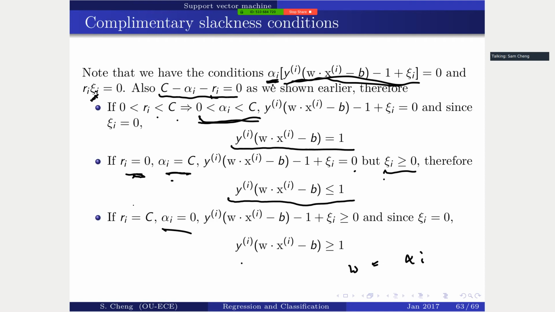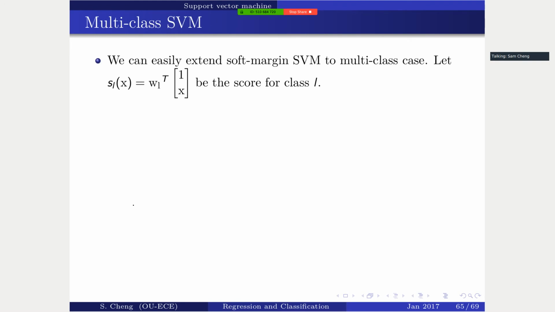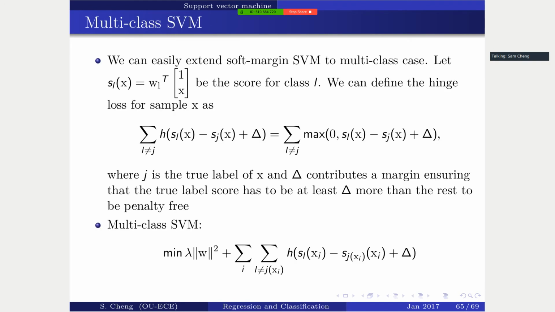And finally, I guess I'll just give a very quick overview for multiclass. This one, I won't go into detail, but you can do it as an exercise. It's similar to what we have for the generalization from logistic regression to softmax.